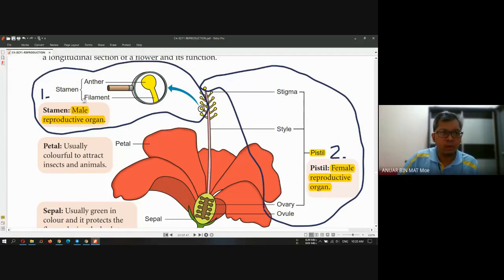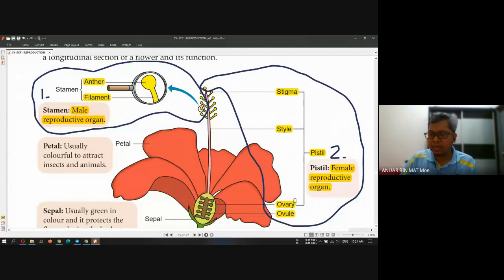Number one is what we call the anther, and number two is the filament. Anther, filament, stamen. Stamen is the male reproductive organ. And how about the female reproductive organ? We have stigma, style, ovary, and ovule. There are four structures in the female reproductive organ.